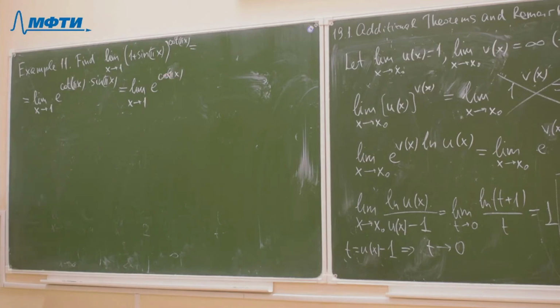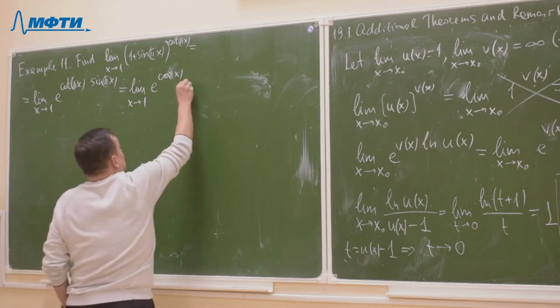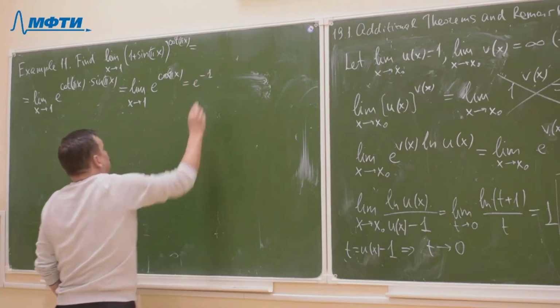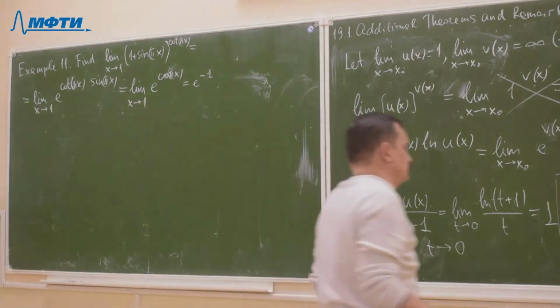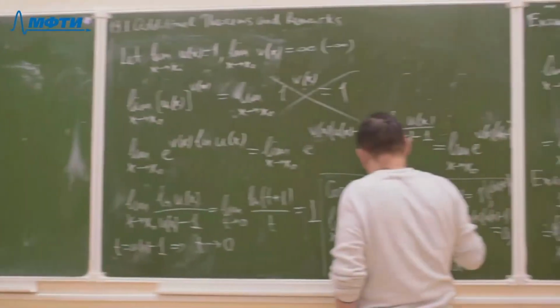And cosine pi is minus 1, so we have e to the power minus 1. Yeah, but don't forget to check all conditions, including those, right?